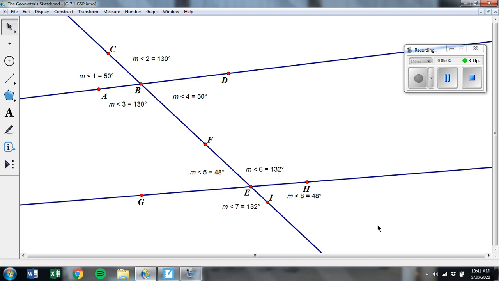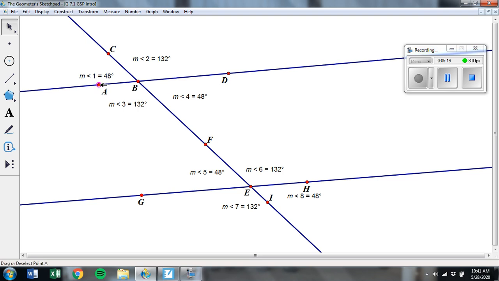Now here's what's really special about those 4 pairs. Not only do they have that name, but if this line and this line are parallel, something really interesting happens. Right now they're not parallel, but watch what happens when I make them parallel. Now they're exactly parallel. Notice what happens between these 4: 48, 32, 32, 48.